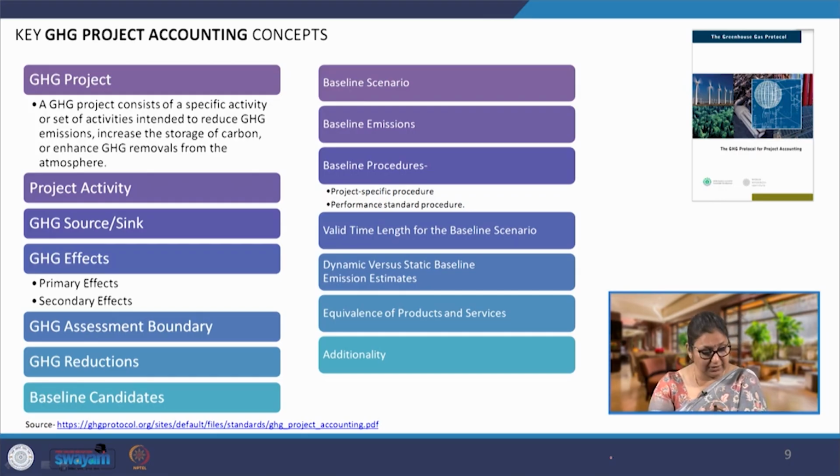And once we have done that, we have to calculate the GHG reduction based upon the baselines. So, we have to identify the baseline year and the baseline scenario, calculate the baseline emissions clearly, and then calculate the GHG reductions. We have already seen how to define a baseline year.